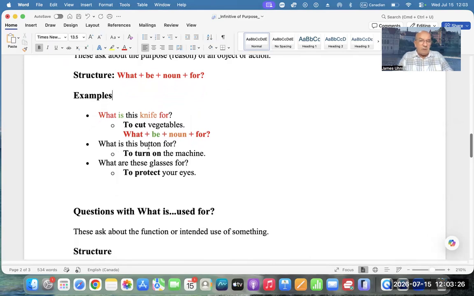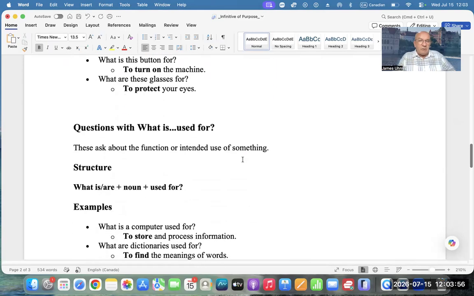What is this button for? What are these glasses for? So the same pattern. Now, like I said, this is using this, that, these. A demonstrative pronoun is usually used, but not necessary. That's why it is not included in the structure over here.